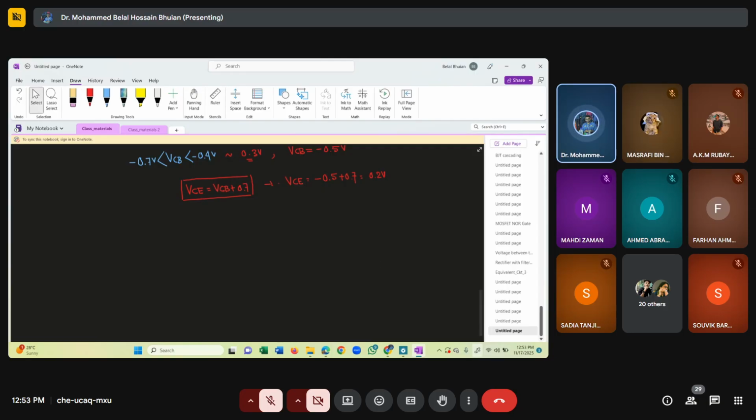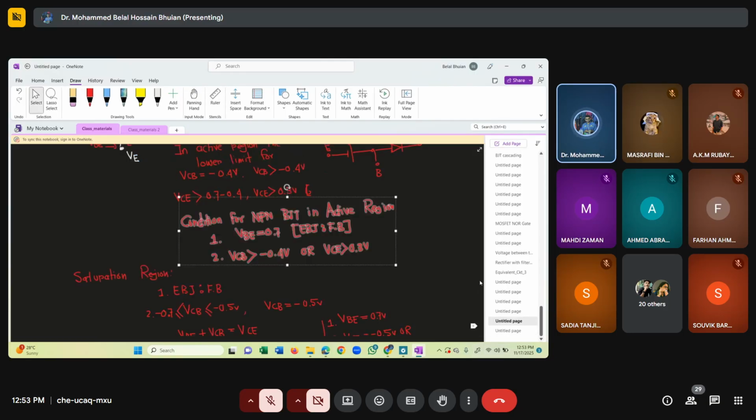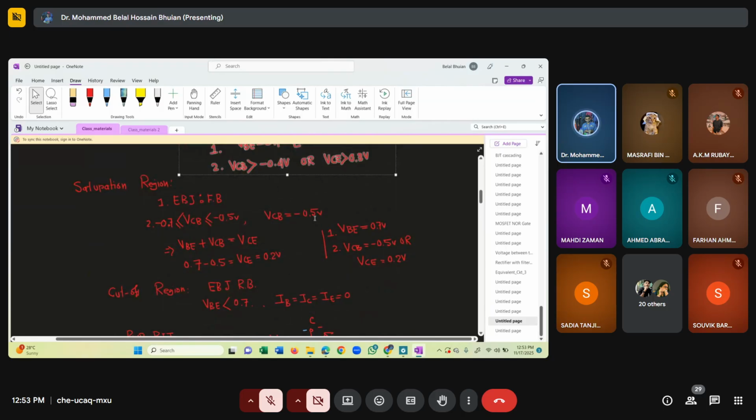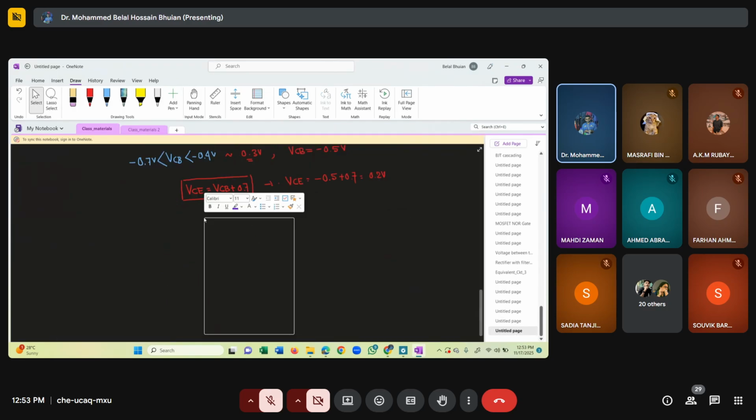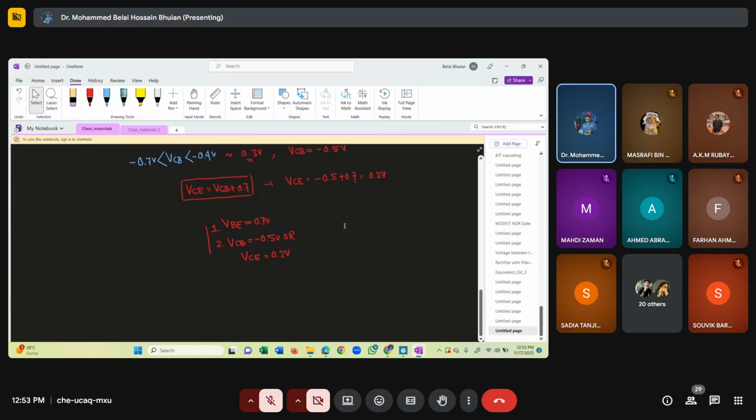If I summarize the condition for saturation, for the BJT to operate in the saturation region, of course, VB must be 0.7 volt and VCB either must be minus 0.5 volt or VCE 0.2 volt. Okay. Any question?